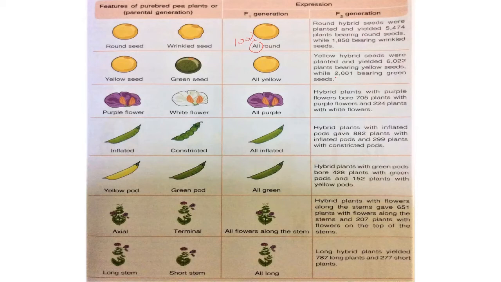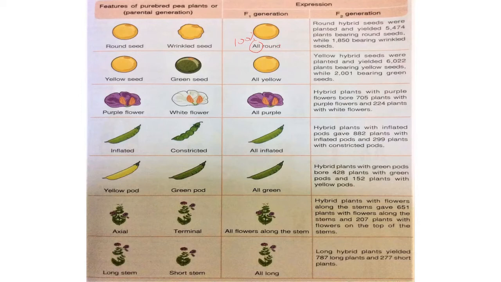So basically, in your F1 generation, not all traits were expressed or revealed, but those traits were carried into the next generation.